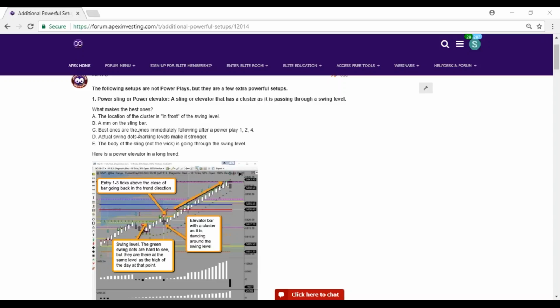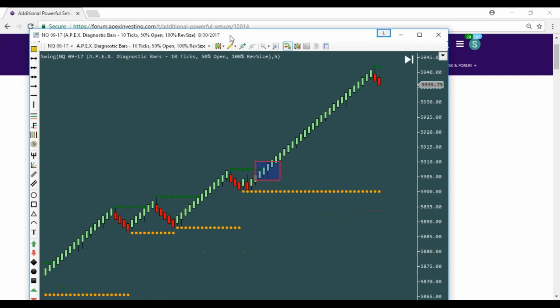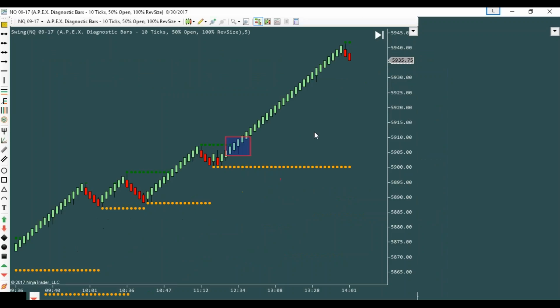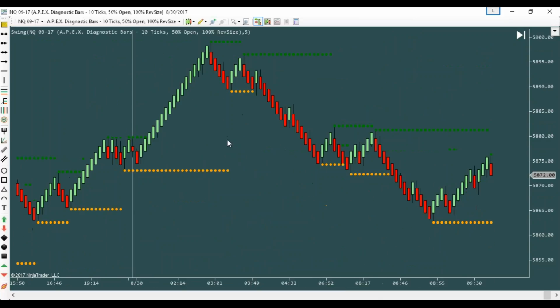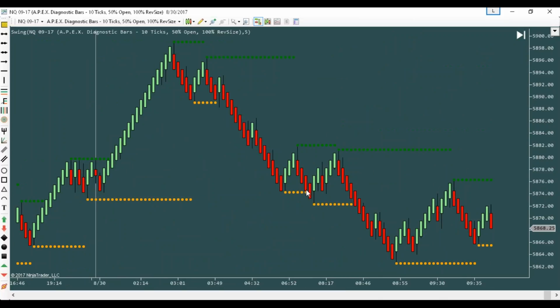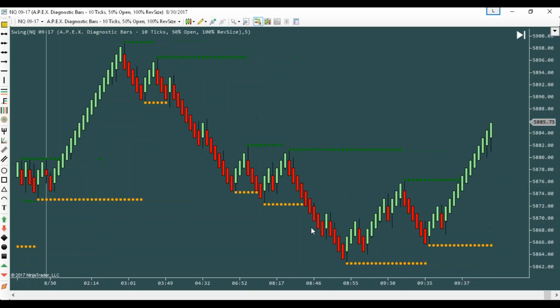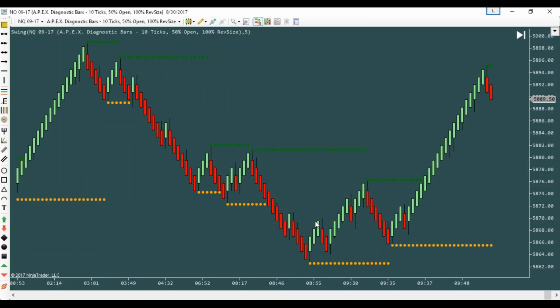Now, there are swing levels that are not always marked with these dots, okay? Or they might be previous swing levels where the dots, you know, you're not still seeing them drawn out. A swing level would be like right here. Okay, maybe not the best example, but there's not dots here just because the algorithm behind these dots, so many bars have to go a certain amount before it'll draw.